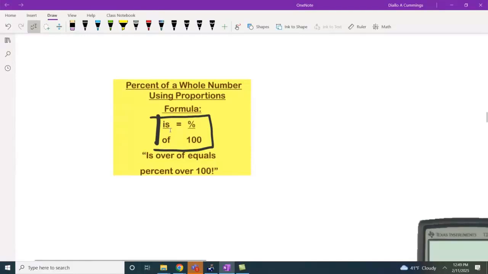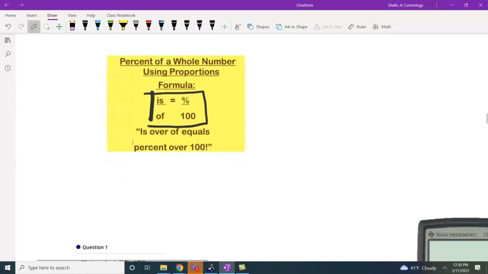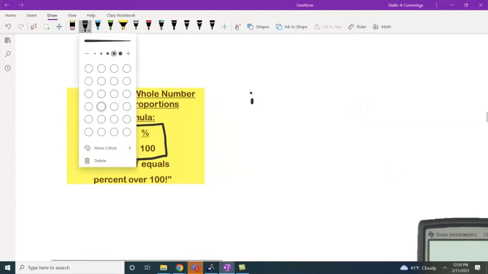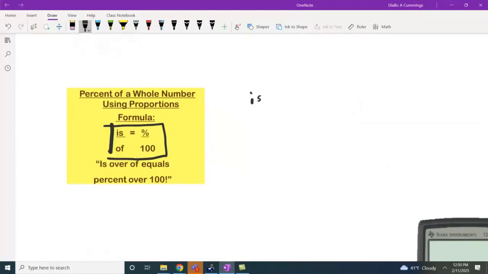As far as this percent equation is concerned, it's is over of is equal to percent over 100. Wherever you see the word percent or the percent symbol, that automatically goes over 100. So you don't move a decimal or anything. You simply remove the percent symbol and stick that over 100.